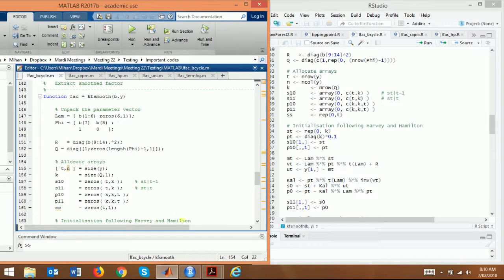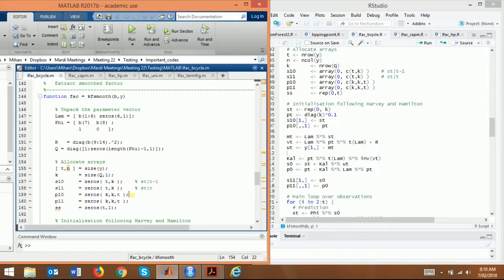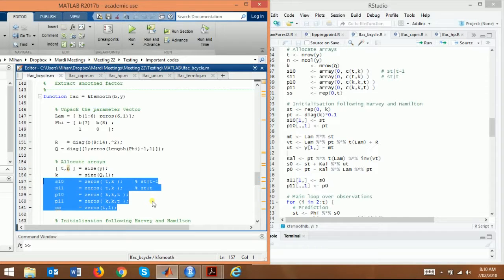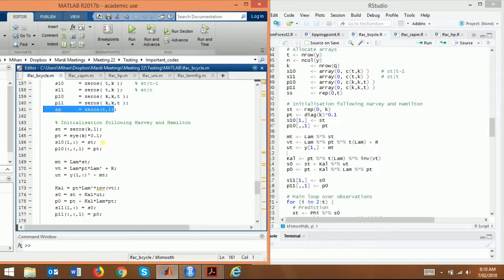Then the smooth factor. It first starts with the parameter vectors, then allocates arrays for S10, S11, and SS. T rows and K columns for S10 and S11, P10 is a 3D matrix K by K by T, and SS is T rows and 1 column.